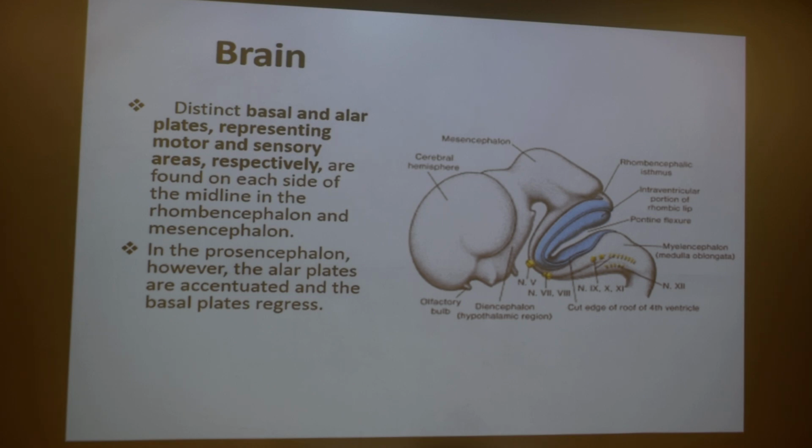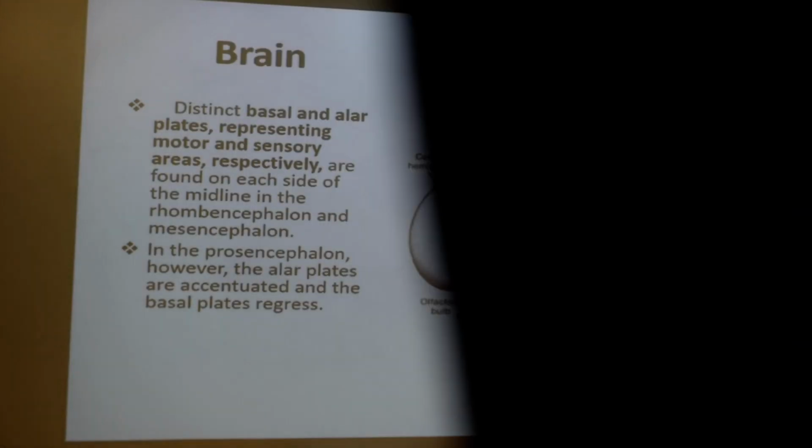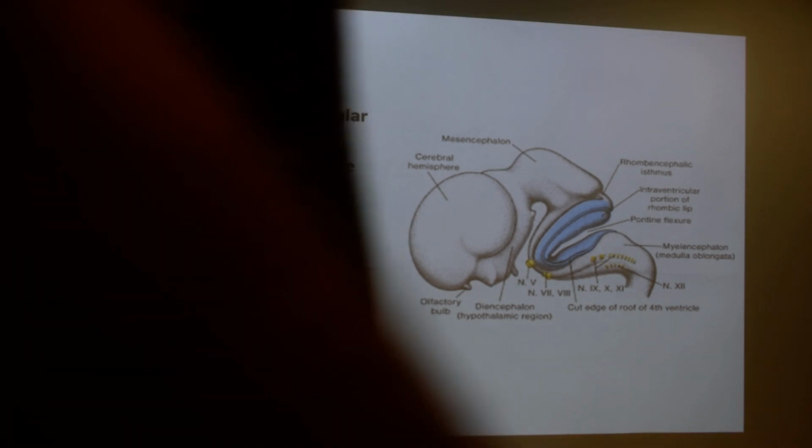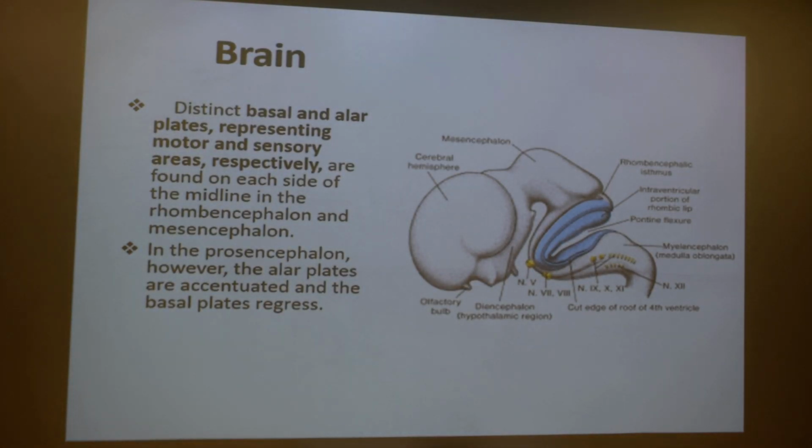Now, in the spinal cord, we talked about an alar plate and a basal plate. The basal plate was in front, the alar plate was behind. The basal plate was responsible for motor neurons, and the alar plate was responsible for the sensory neurons. Then you have the mantle layer around it and the marginal layer around the mantle layer.